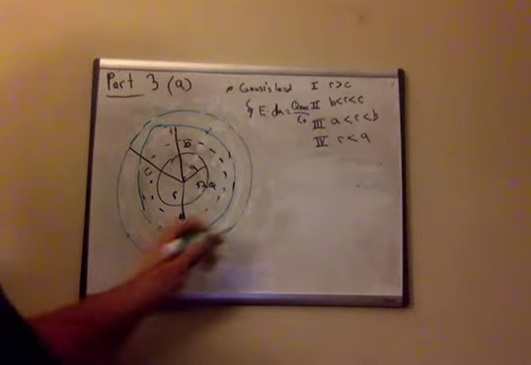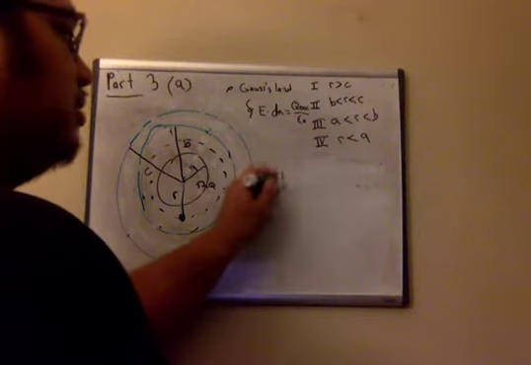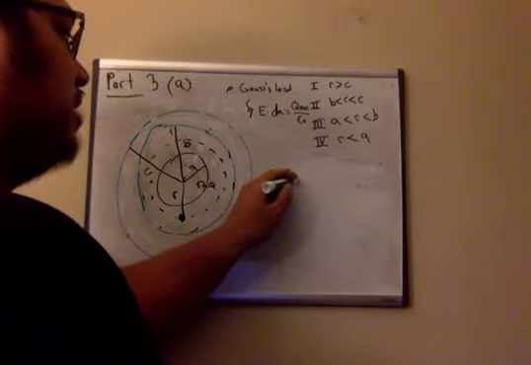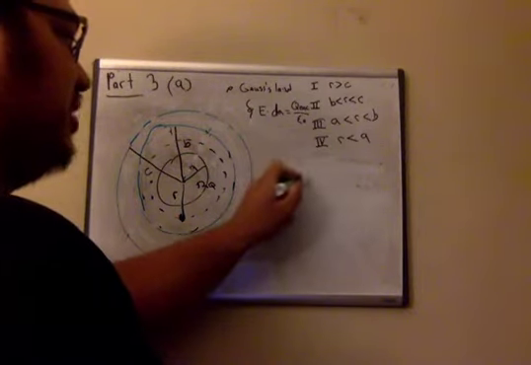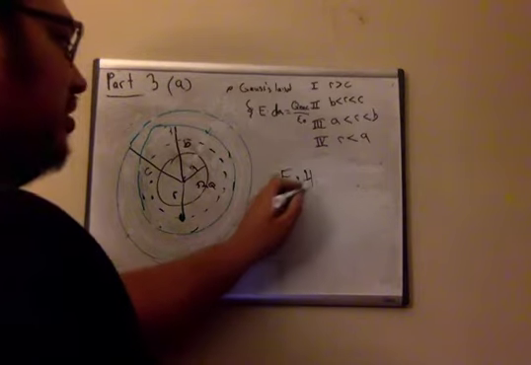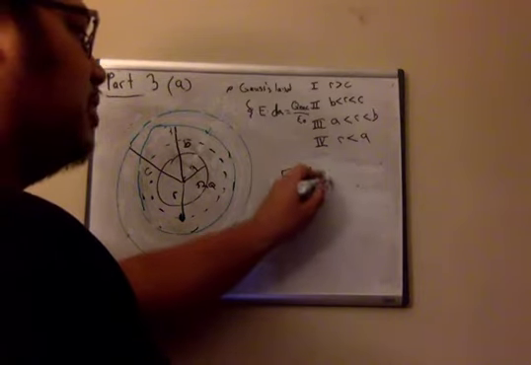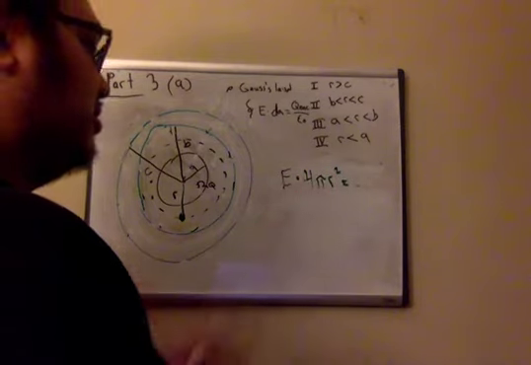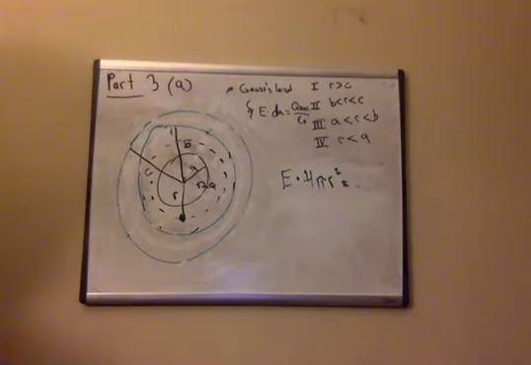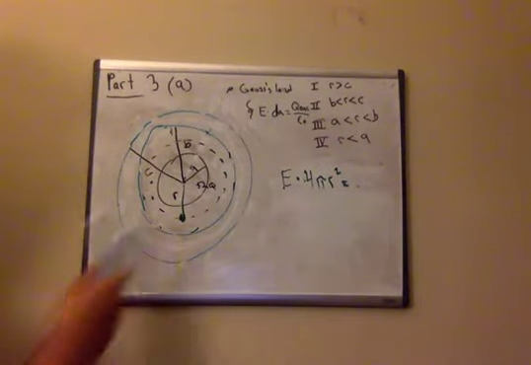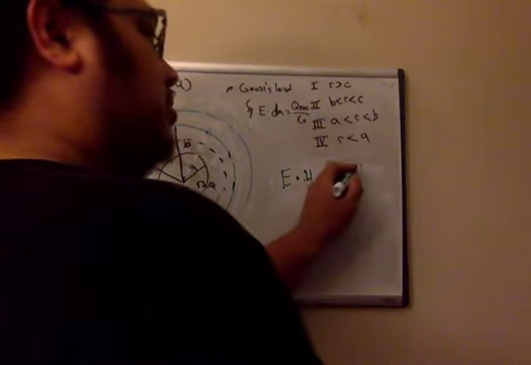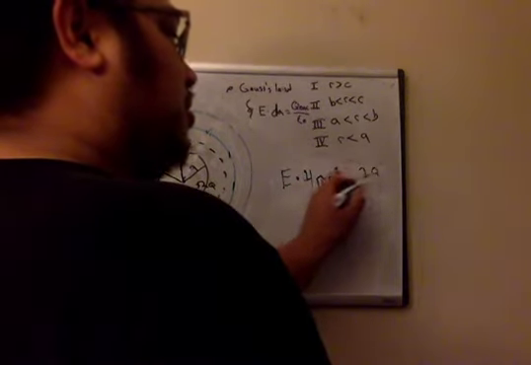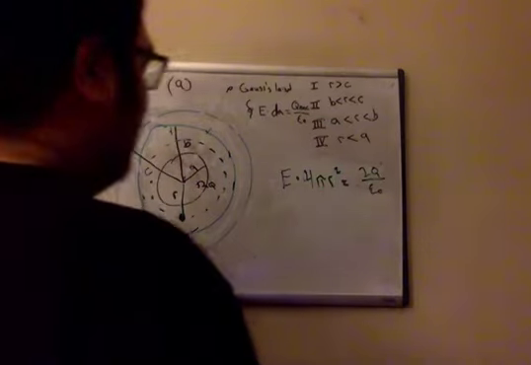So now we have E times the surface area of our sphere, 4 pi r squared, is equal to the charge enclosed, which in this case is just 2q, right, over epsilon naught.